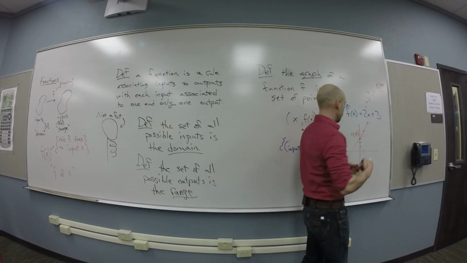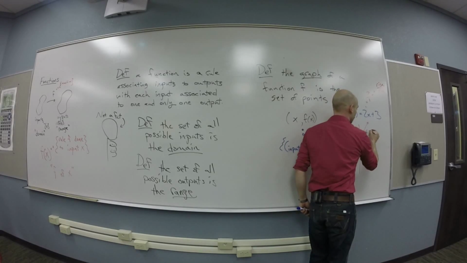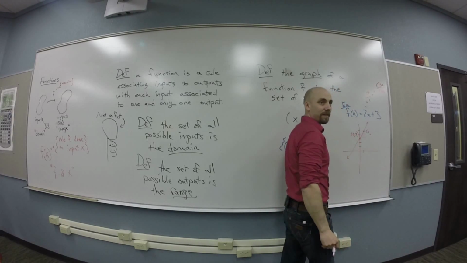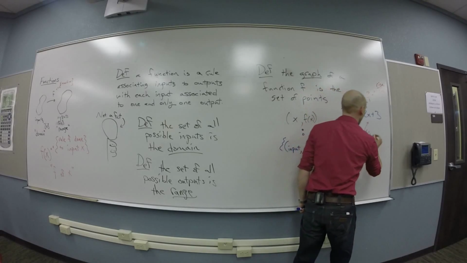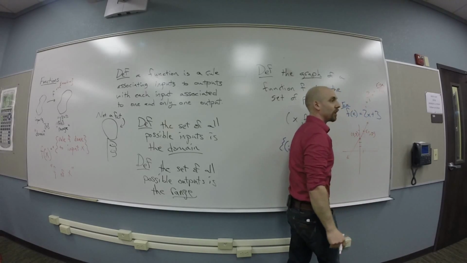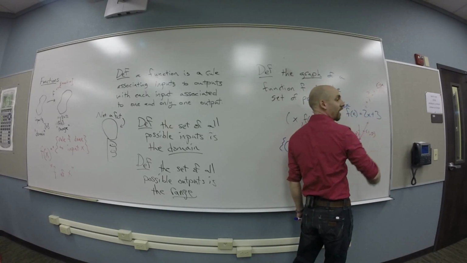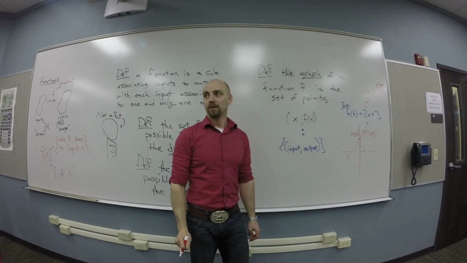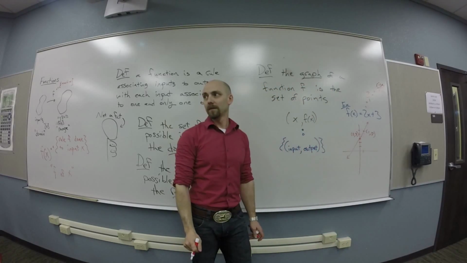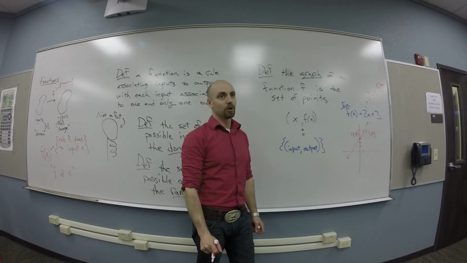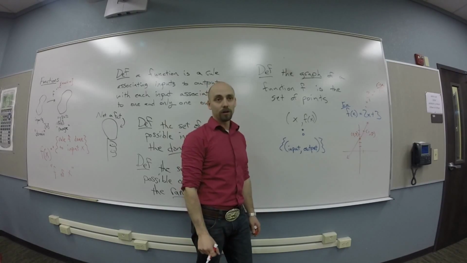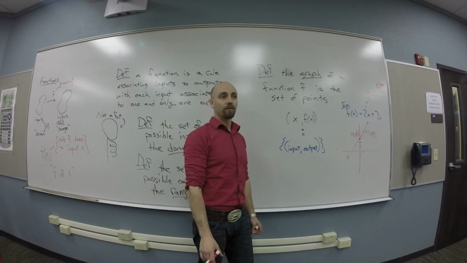They're all on there. This is 1, comma 5. And it's no coincidence that when I plug 1 in here, I get 5 out. You guys all see that? Okay, so this is what I want you guys to take for functions.